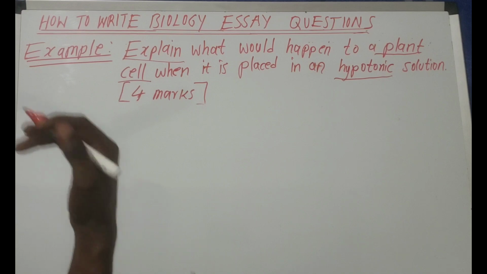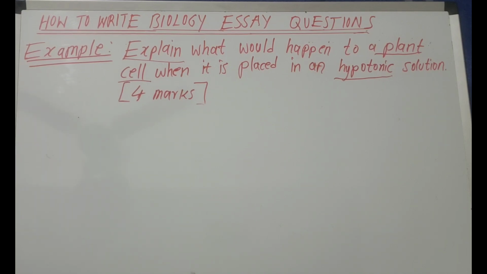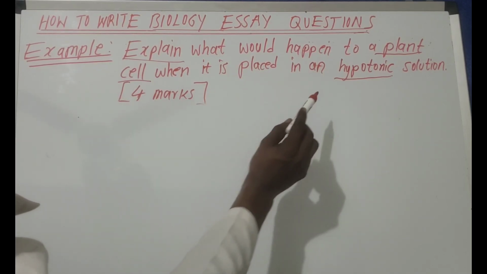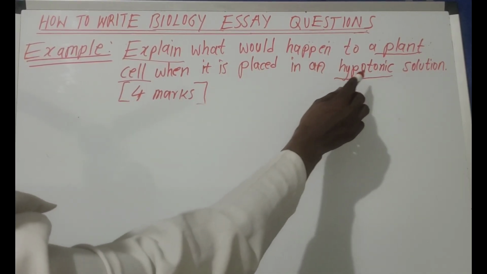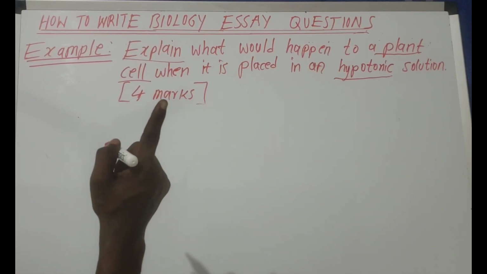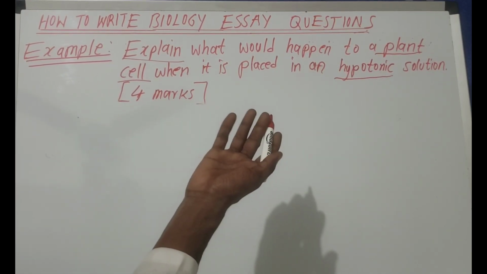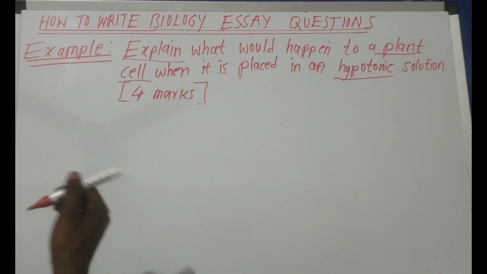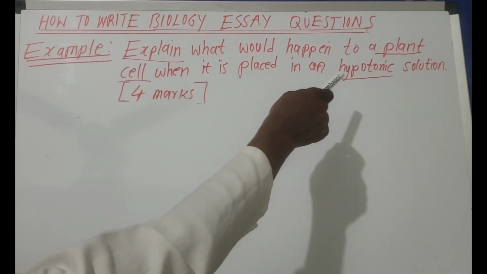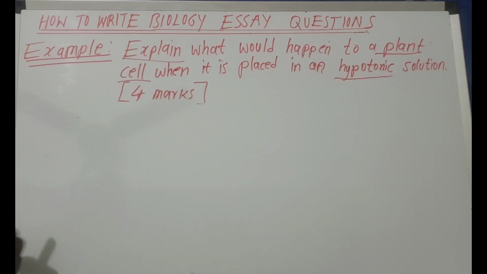What is going to happen? Meaning, for you to do this, the first thing you need to understand is what a hypotonic solution is. Without understanding this, you cannot answer the question, because you will not know what will happen. So firstly, you need to define what a hypotonic solution is, because that's where we are placing the cell.